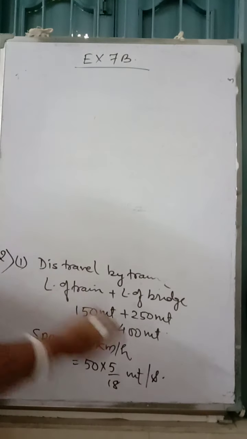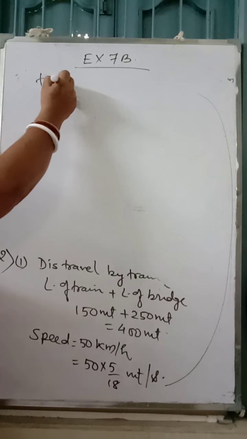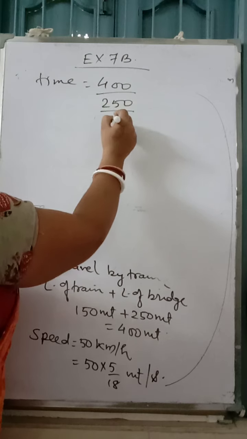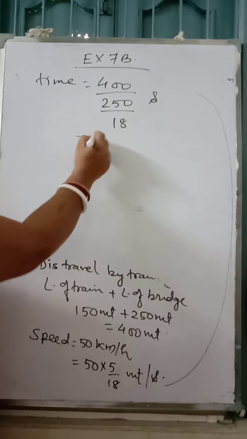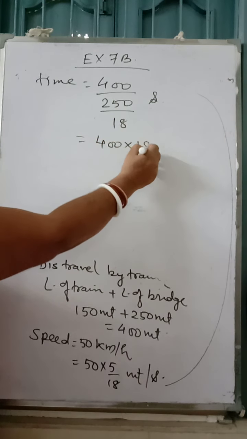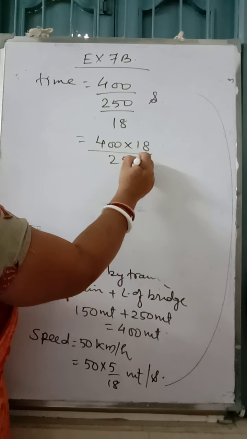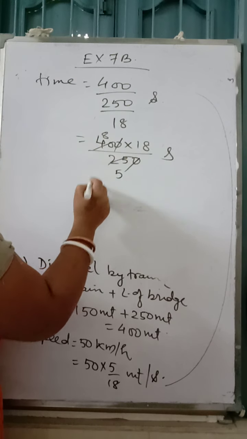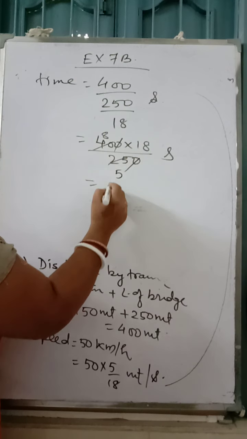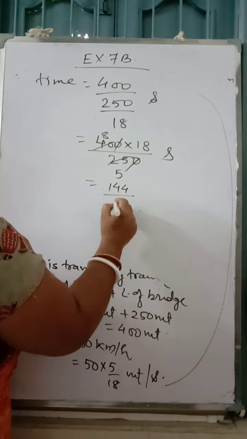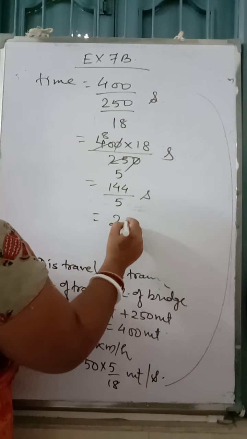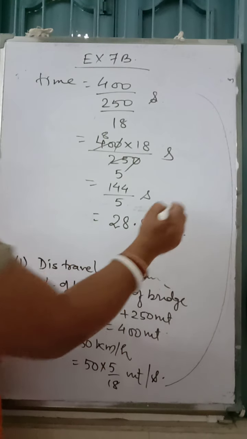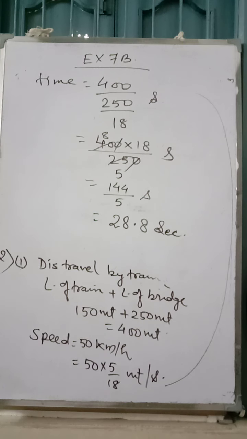So the time will be 400 by 50 into 5 by 18 seconds, or 400 into 18 by 250 seconds. 0 cancelled. 5 8s are 40, 5 5s are 25. So 144 by 5 seconds, which is 28.8 seconds.